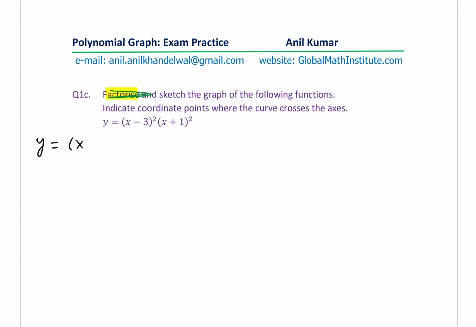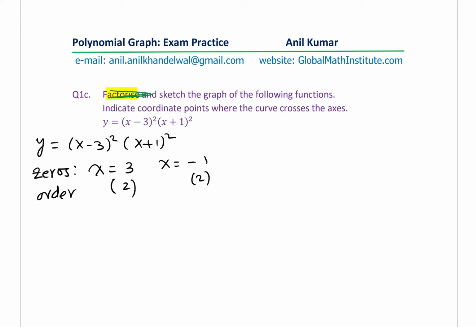We have (x minus 3) whole squared times (x plus 1) whole squared. Now, the zeros are at x equals 3 and at x equals minus 1. The order of the zeros is that we have a double zero at both these points. Correct?